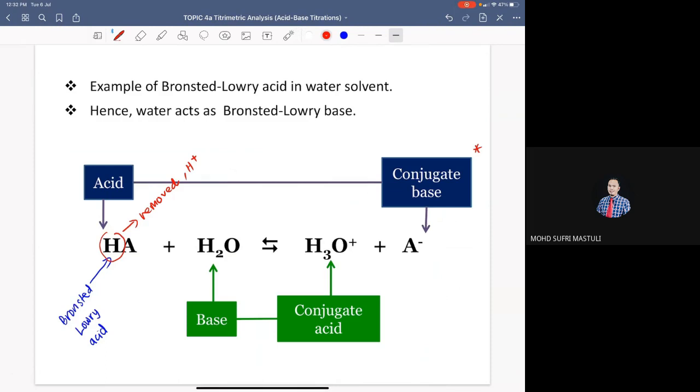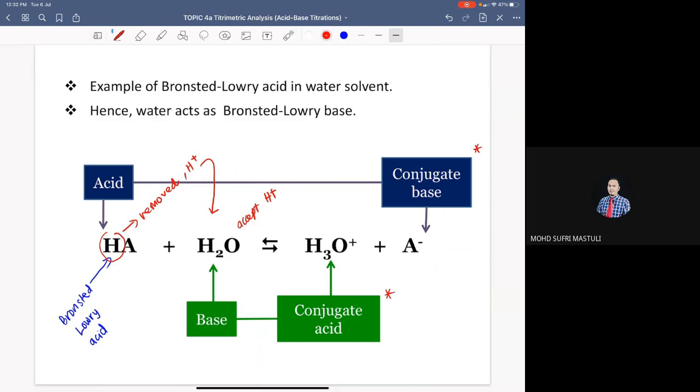The base will accept the proton, H plus, to form the conjugate acid.